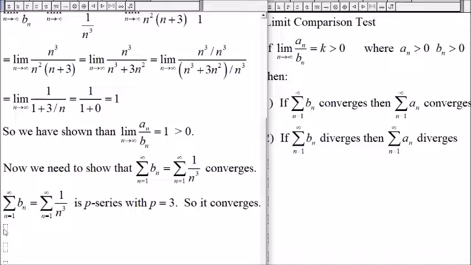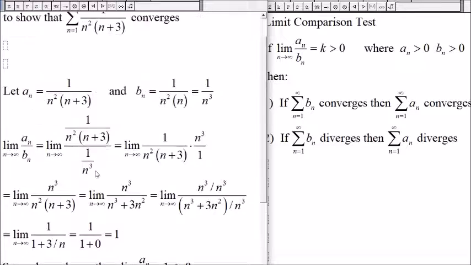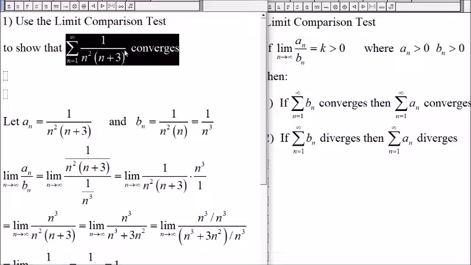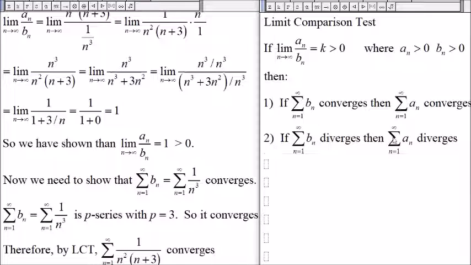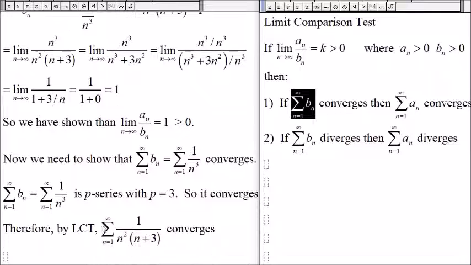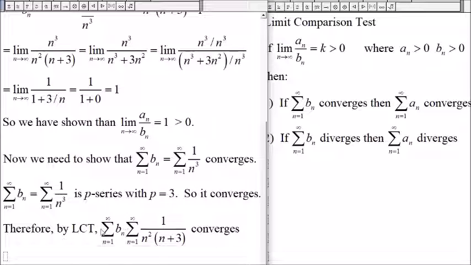Therefore, by the limit comparison test, the series a sub n, this is a sub n right here, converges also.